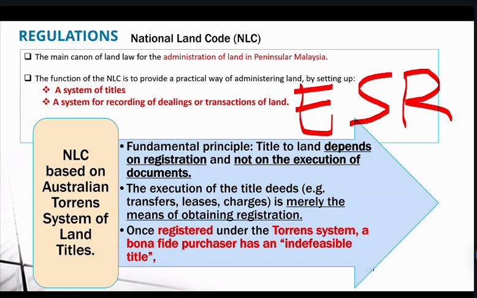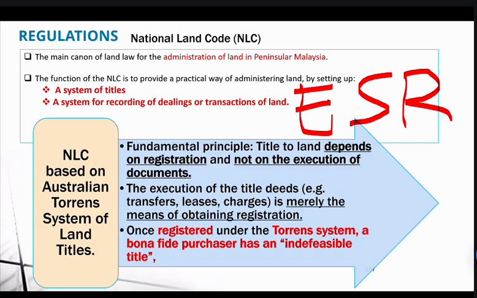Examples of registration will be, as an example here, land office registration and CCM registration. Some other words you need to know.